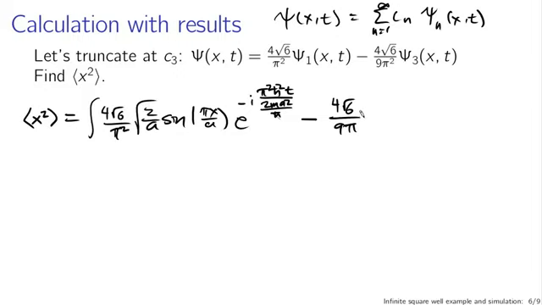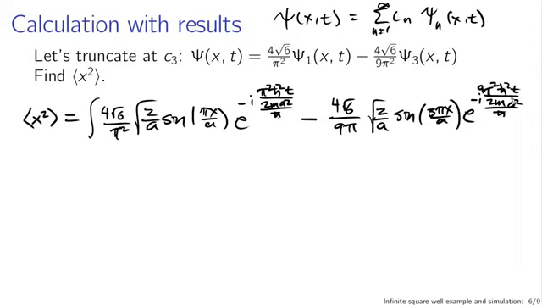Now psi 3 is root 2 over a sine of 3 pi x over a times, again, complex exponential, e to the minus i 9 pi squared h bar squared t over 2ma squared, all divided by h bar. Now, what is this? This whole thing needs to be complex conjugated, because this is psi star.